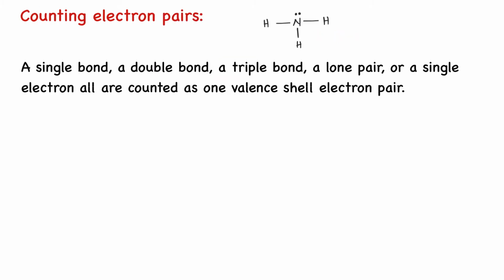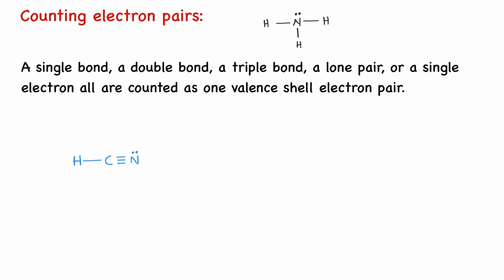When we count the number of valence shell electron pairs around an atom in the Lewis dot structure, a single bond, a double bond, a triple bond, a lone pair, or a single electron, all of them are treated as one valence electron pair. For example, in the Lewis dot structure of hydrogen cyanide, the carbon atom forms one single bond with hydrogen and a triple bond with nitrogen.